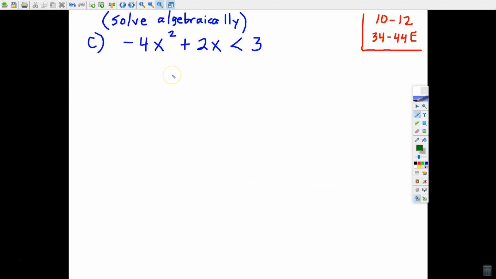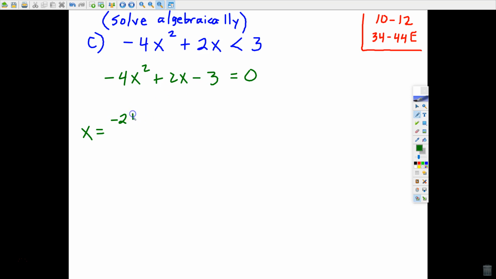And I've got one more. Okay, same instructions, solve algebraically. So let's see, negative 4x squared plus 2x minus 3, and I'm going to go ahead and make this equal to 0. So to begin with, just turn this into an equation that equals 0, and then see if you can come up with the solutions. I know this doesn't factor, so I'm going to solve by using the quadratic formula.